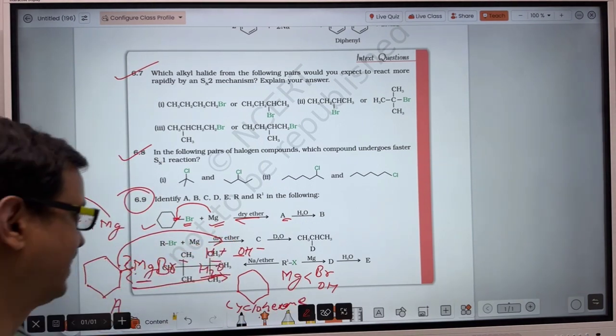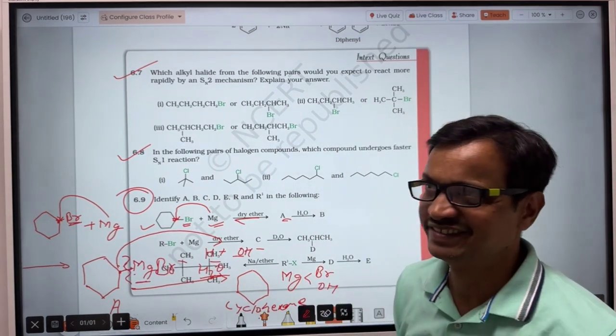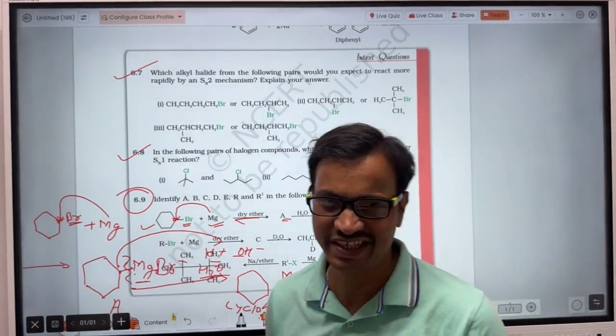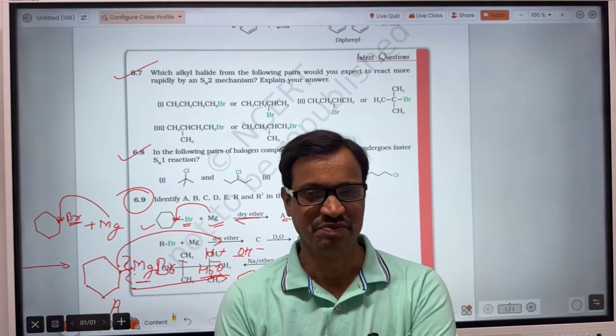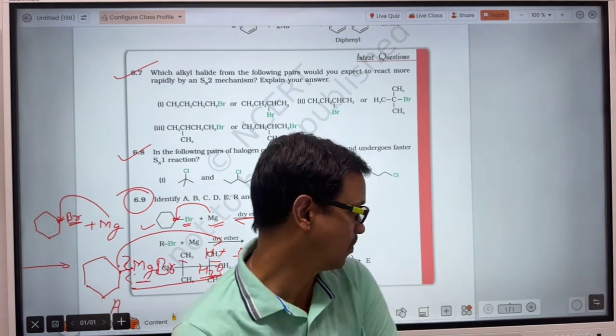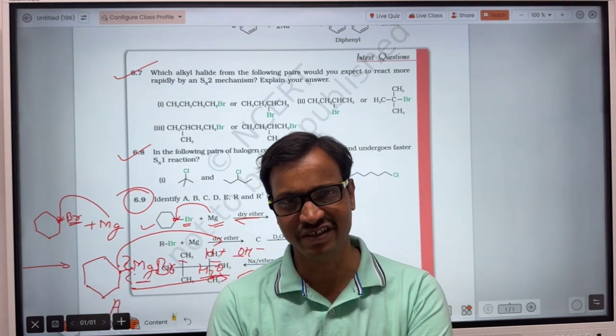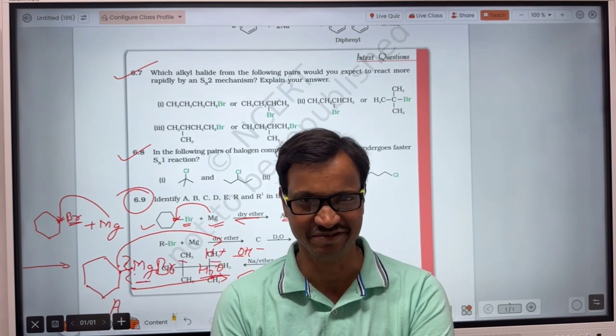I have also told you that during the preparation of a Grignard reagent, there should not be traces of water, because the Grignard reagent so formed will react with water and there will be formation of an alkane.